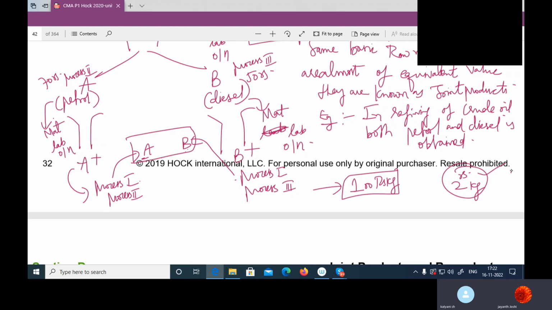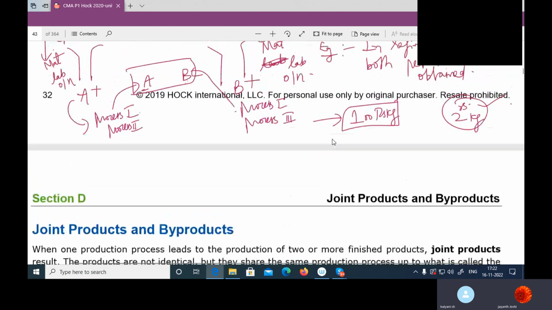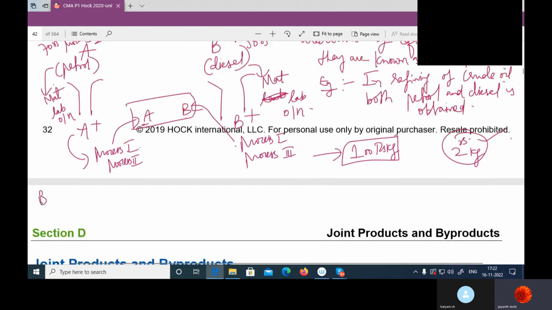I'll give you a good example of a byproduct right now. I'm writing the definition also.